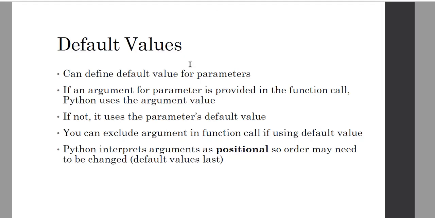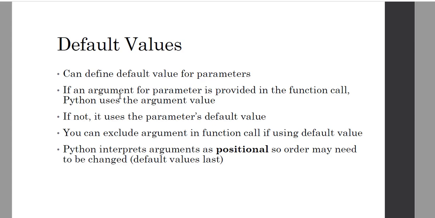Let's add some default values. So we can define a default value for a parameter, and we're going to define the default value for the pet, okay, the animal type, to be dog. So if an argument for a parameter is provided in the function call, Python uses the argument value. If not, it uses the parameter's default value.